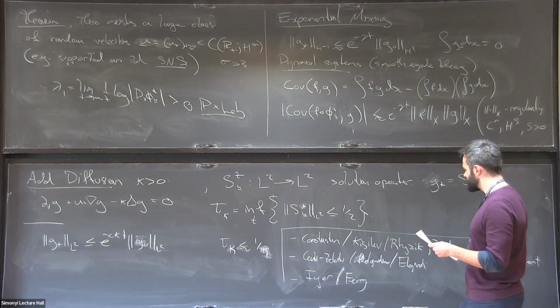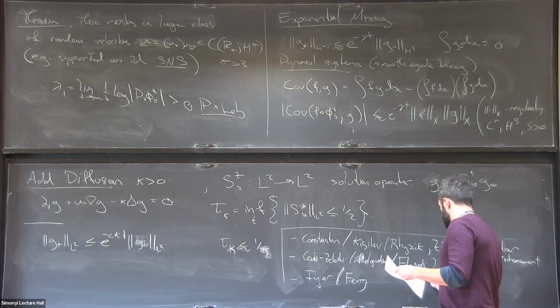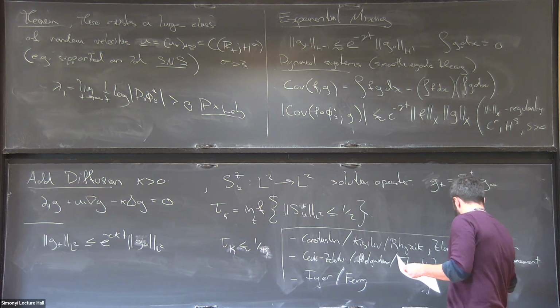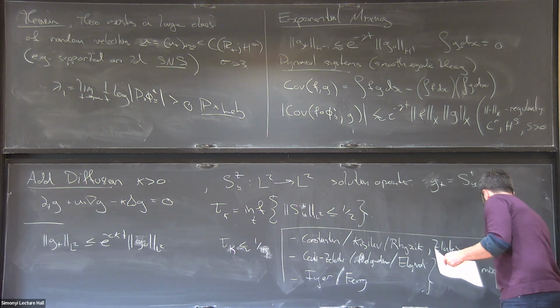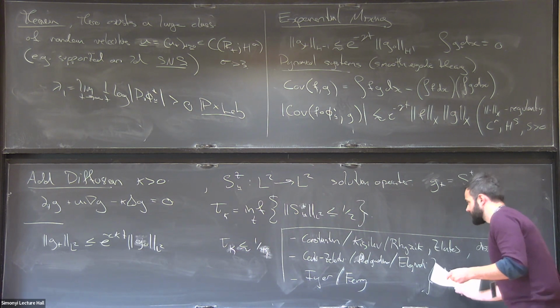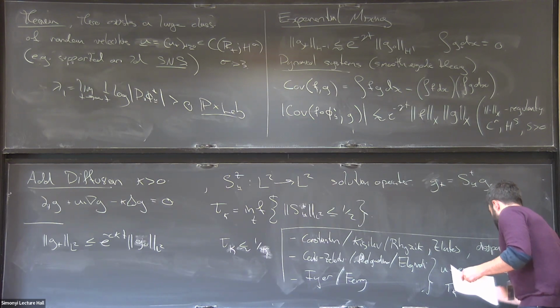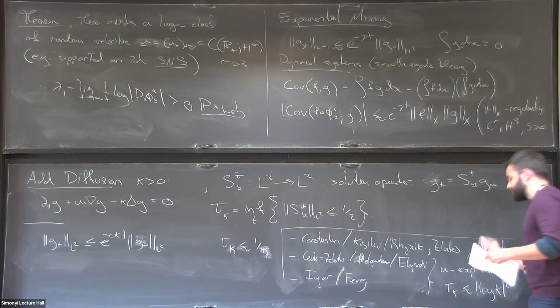In particular, what they show, at least in these two works, is that if u is exponentially mixing, then T_kappa is less than or equal to log kappa squared.